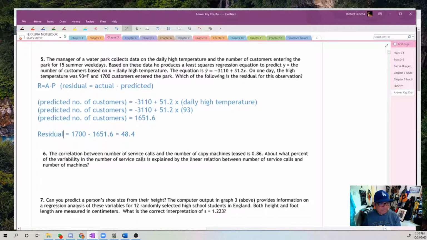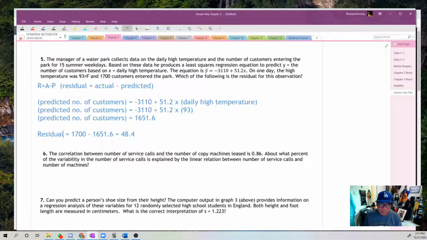6. The correlation between the number of service calls and the number of copy machines leased is 0.86. About what percent of variability in the number of service calls is explained by a linear relationship between the number of service calls and number of machines? I wonder where I've heard that phrase before.